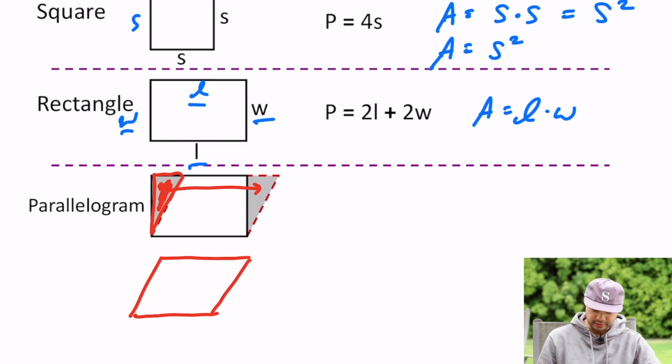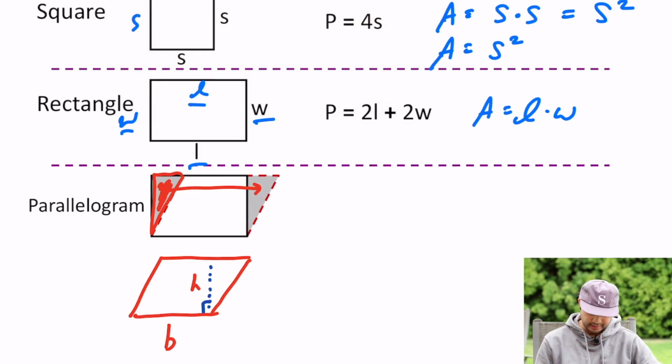So how that's shown is we're not going to call it length and width anymore. We're going to call the bottom part, or just one of the sides, the base. Okay? And then perpendicular to the base, now if you forgot what perpendicular means, it's at a 90-degree angle, we're going to call that the height.